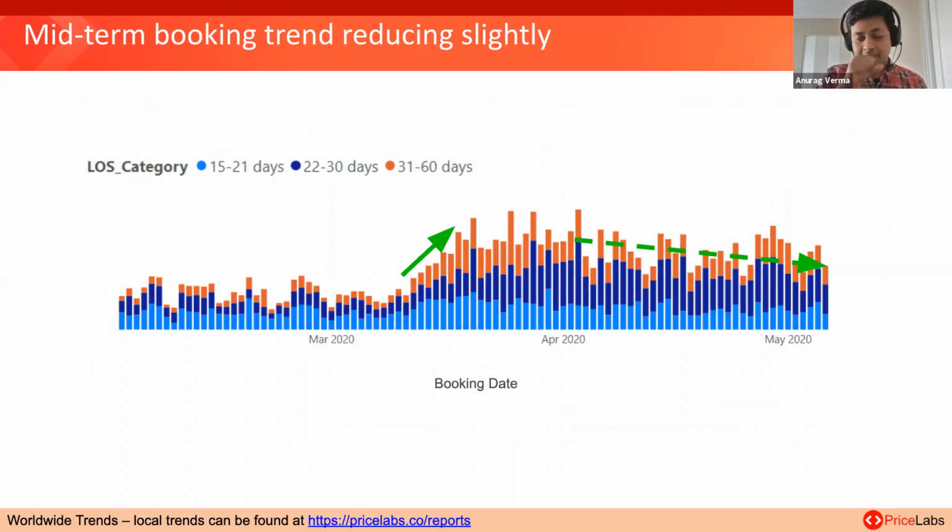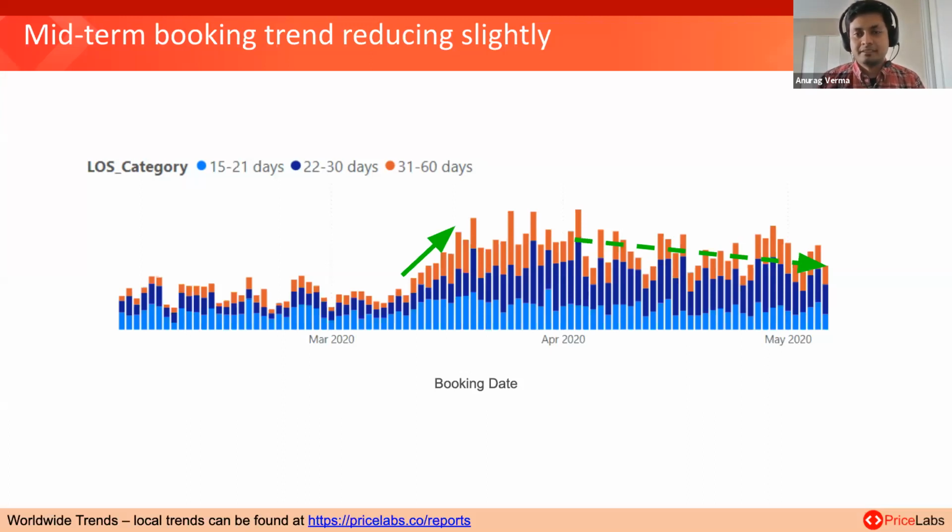They didn't just hold steady, their share increased. The total number of midterm bookings actually increased. And again, this could have been for a lot of different reasons. It could have been people who were stuck in a different country and needed a place to stay. This could be essential workers who moved to a new city that needed their help.